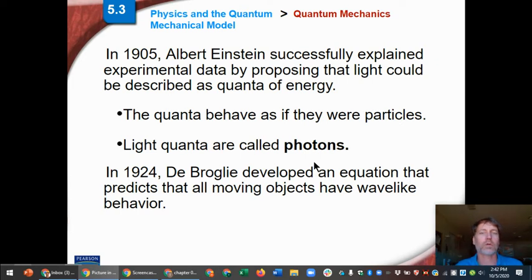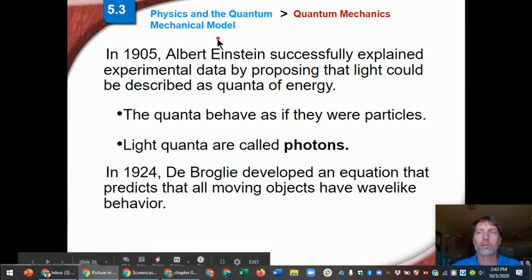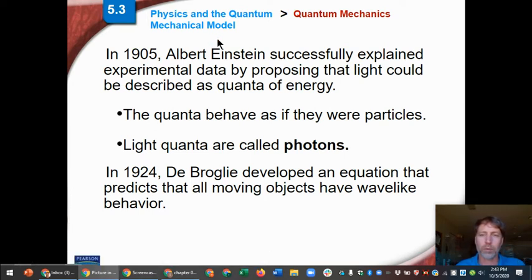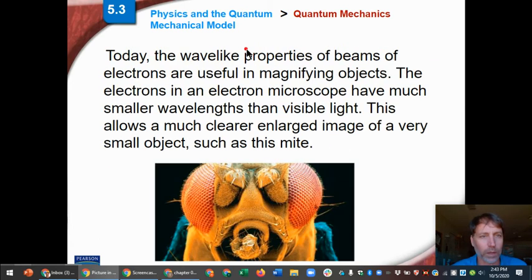And in 1924, an equation was developed that predicts that all moving objects have wave-like behavior. So we have the quantum view that light is particles, and then we have the wave view that objects are like waves. So we have a seemingly contradiction between two scientists. One says light is made of particles. The other says it behaves like a wave.